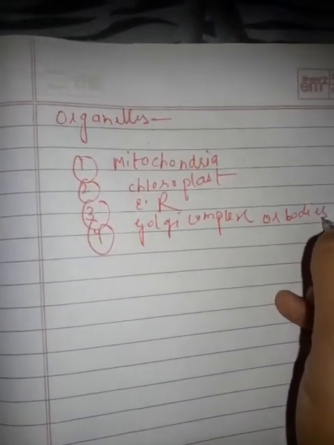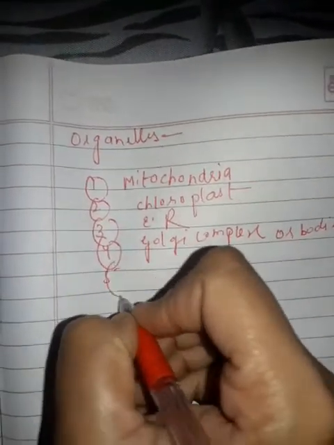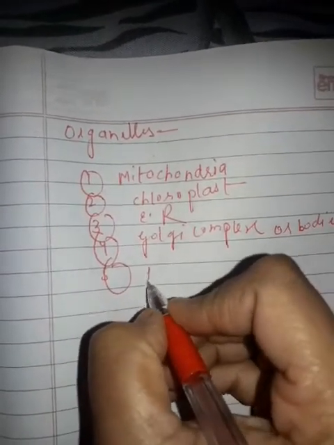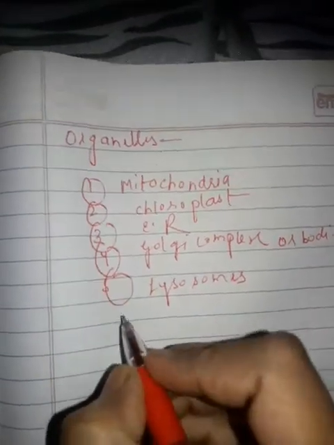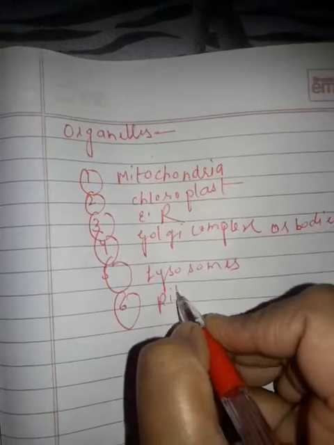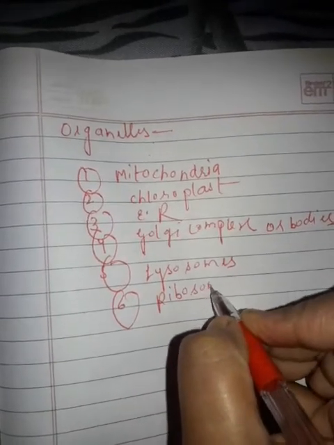Fifth one is lysosomes, and sixth one is ribosomes.